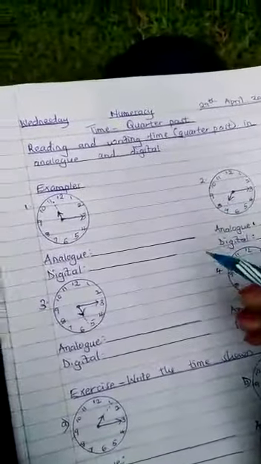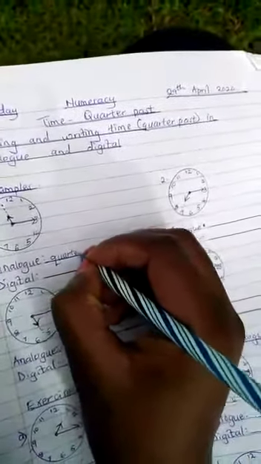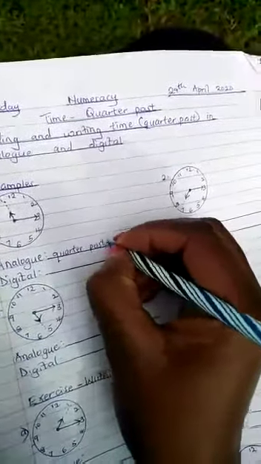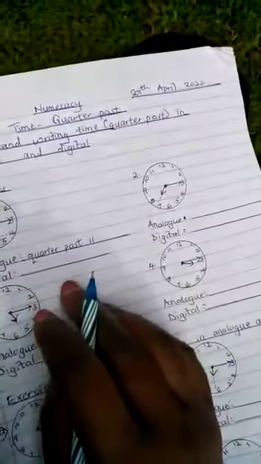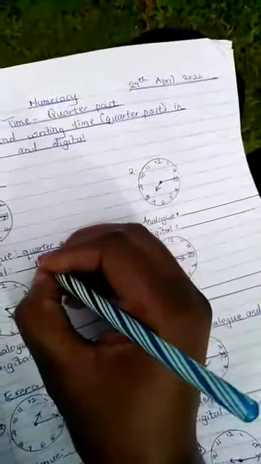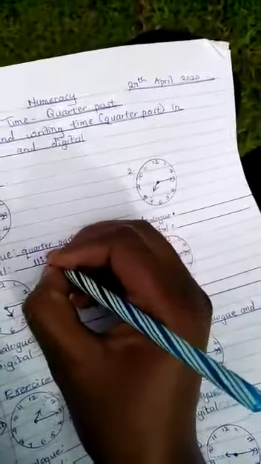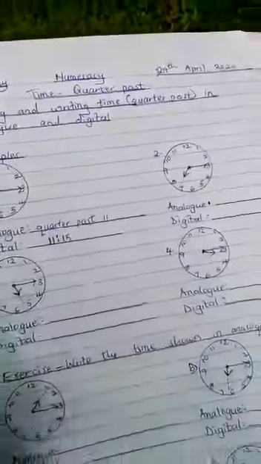And when it is analog, we should say the time is quarter past 11. And in digital, since it is 15 minutes, we say it is 11:15. That is the time in digital.